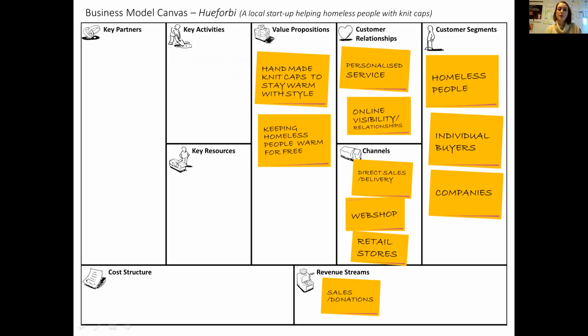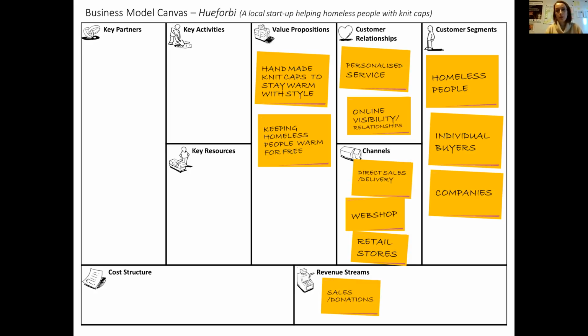Staff members, volunteers, exactly. Well, staff depends on your capacity. You can work with internal people, yes, but volunteers who can help us to knit caps was the first that came to my mind.